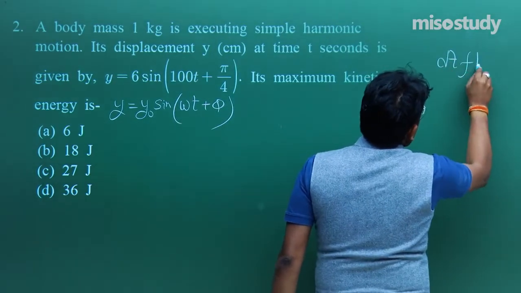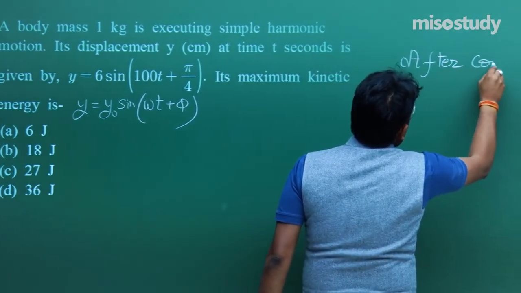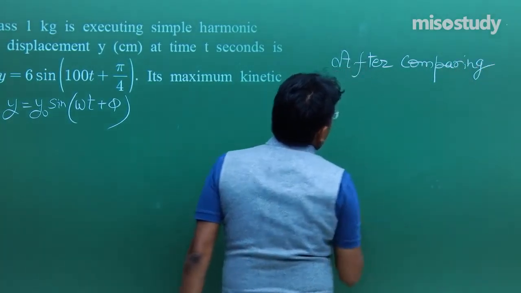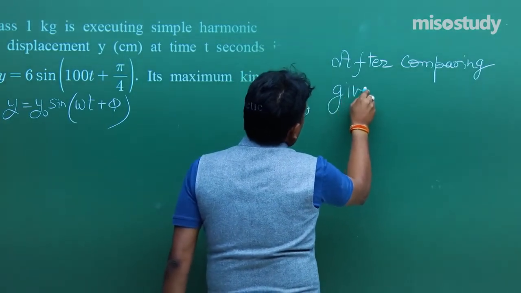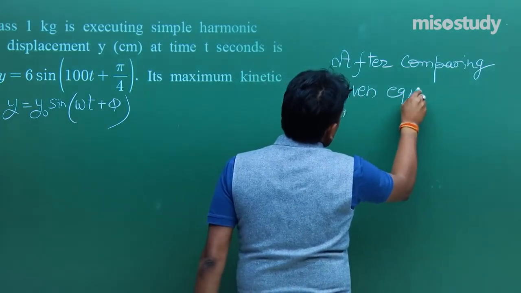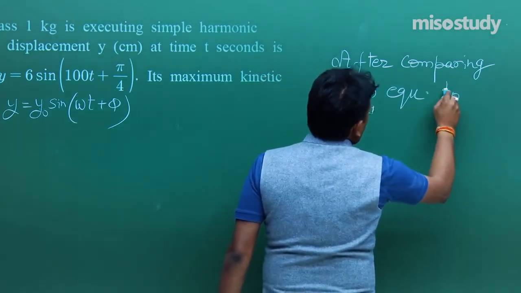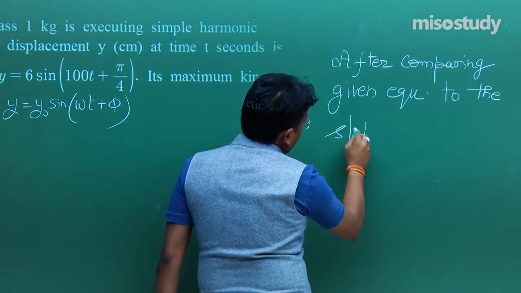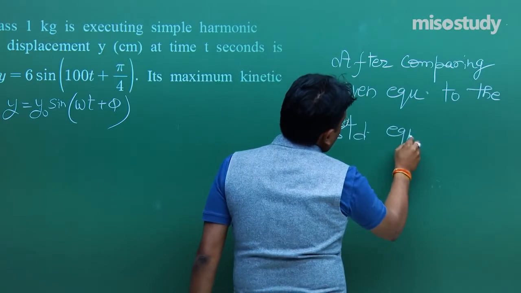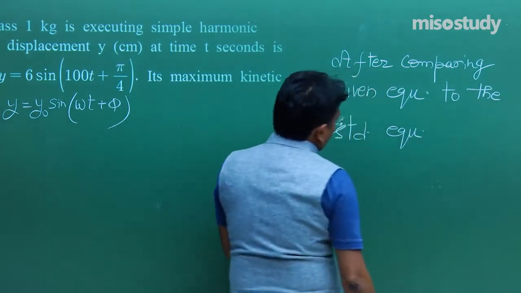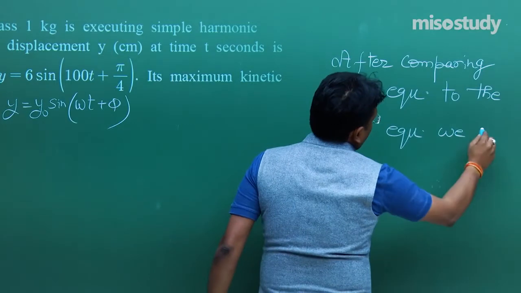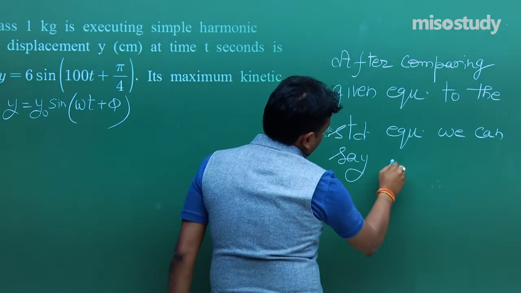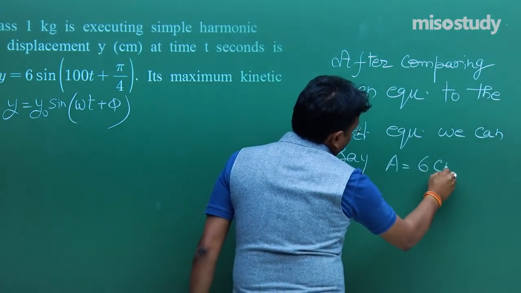After comparing the given equation to the standard equation, fine, as I mentioned, we can say A is equal to 6 centimeter.